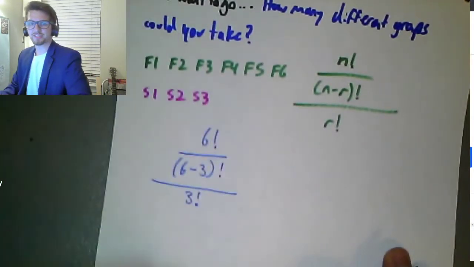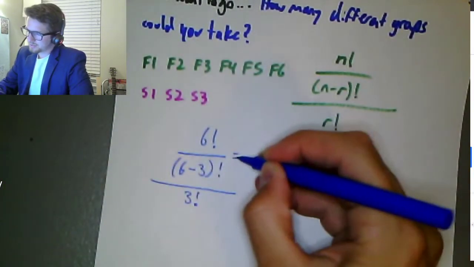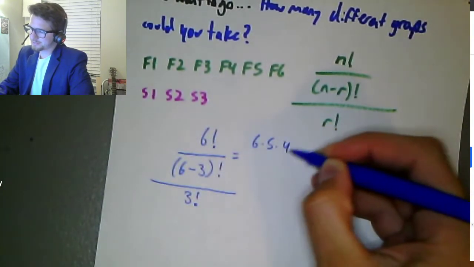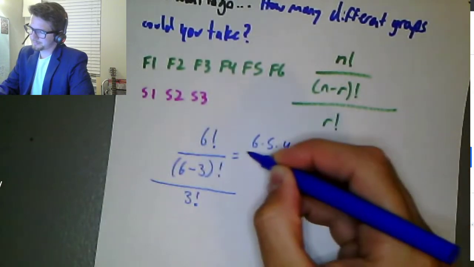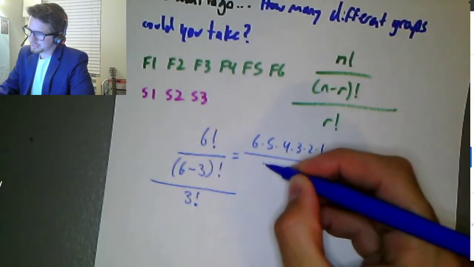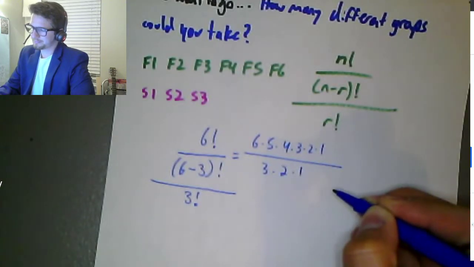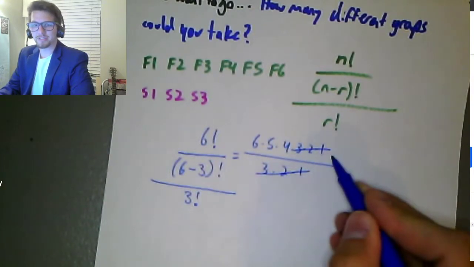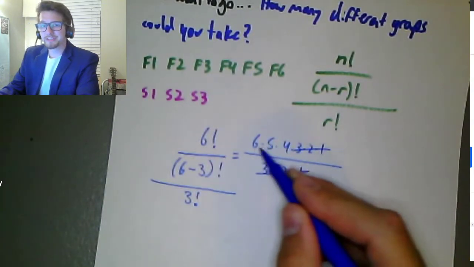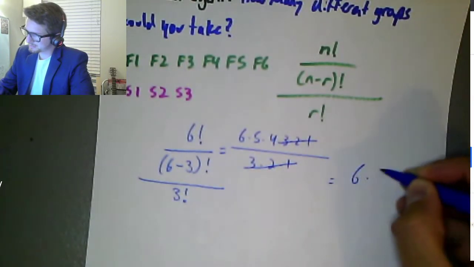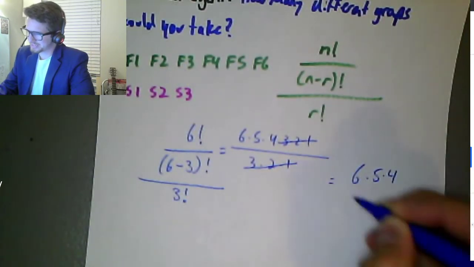Let me simplify this just a little bit. So let's simplify the numerator. 6 factorial would be 6 times 5 times 4 times 3 times 2 times 1. 6 minus 3 is 3, and 3 factorial is 3 times 2 times 1. That cancels out with that. 3, 2, 1 and 3, 2, 1 are canceled out. So now in the numerator, I just have 6 times 5 times 4.